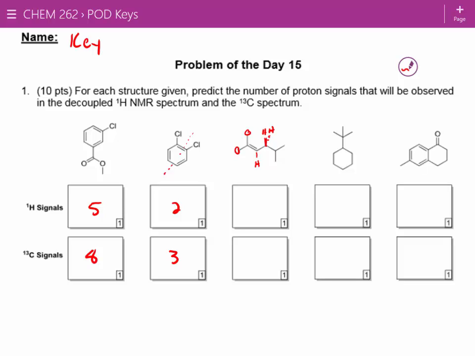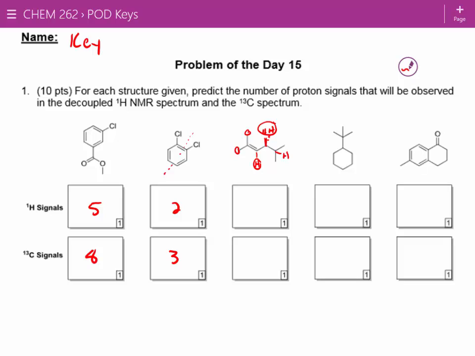So they are in the same chemical environment. One's just sticking towards us and one's sticking away from us. So these are a unique set. If we had stereochemistry nearby, then they would be in a different chemical environment, but there's no stereochemistry nearby that would affect the chemical environment. All right, so this would be its own unique set. So we've got 1, 2, 3, 4.